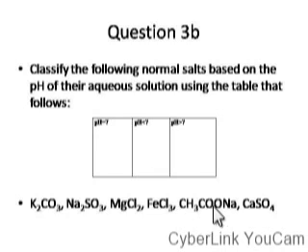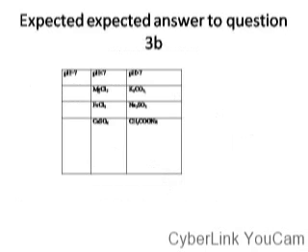Strong basic radical, so it's going to be basic, that is pH greater than 7. CaSO4, weak basic radical, strong acidic radical, so it's going to be pH less than 7. That is acidic. Among all these salts, there's none whose solution will be neutral. And that is what we have in the expected answer in the table that follows.